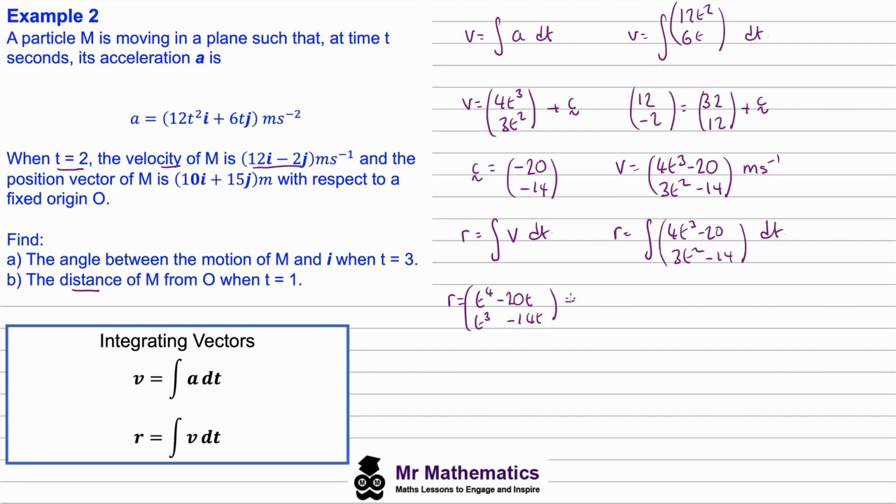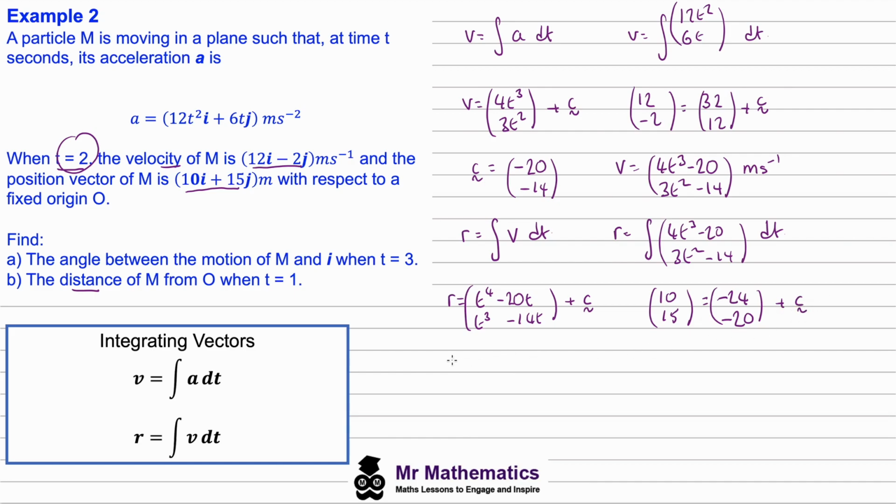And again, we need to add on our constant. And we're told that when t equals 2, the position vector of m is 10 and 15. So we'll substitute 10 and 15 in for r. And when t equals 2, we get 2 to the 4, which is 16, minus the 40, so negative 24. And then 2 cubed minus 14 times 2, which gives us negative 20, plus the constant.